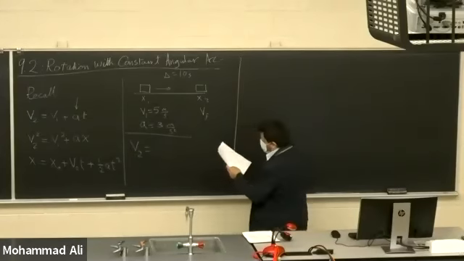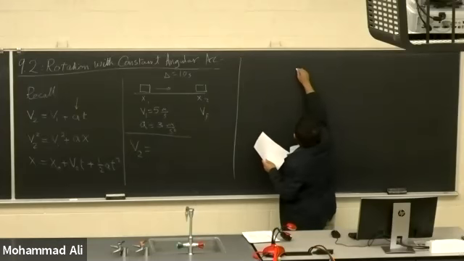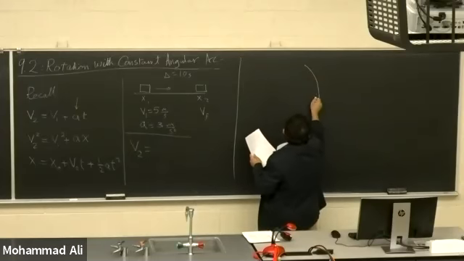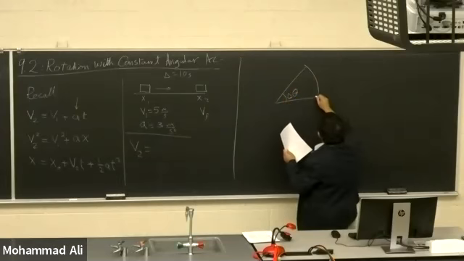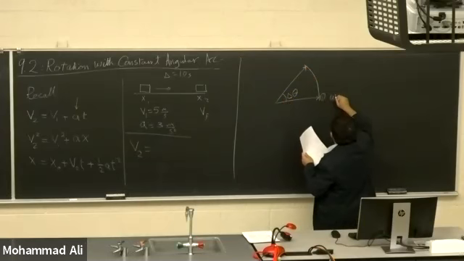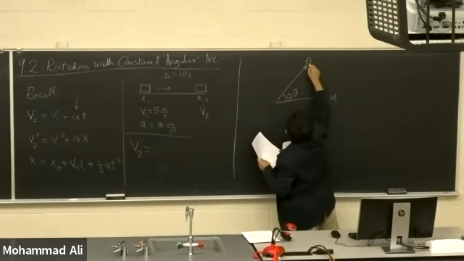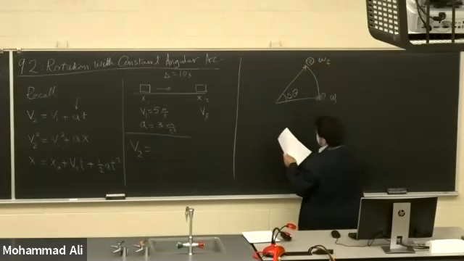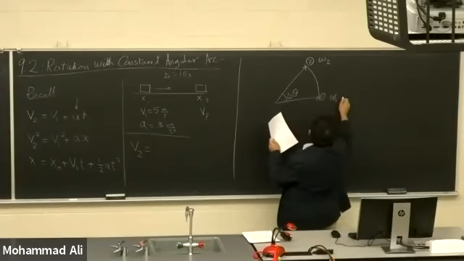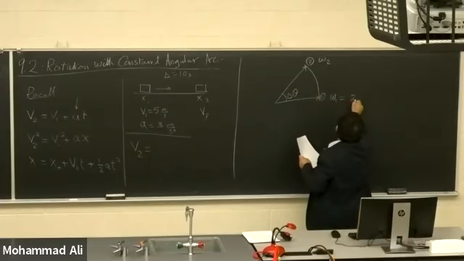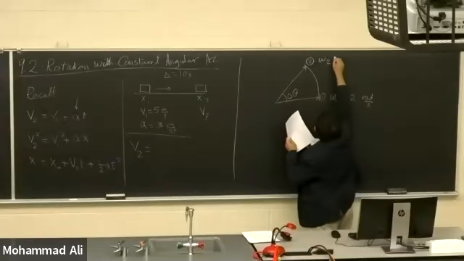Let me also review this example. With rotational motion, we have the angle delta theta, and we have 2 points. Point number 1 with omega 1, and point number 2 with omega 2. Omega 1 is given as 2 radians per second. Omega 2 is unknown.